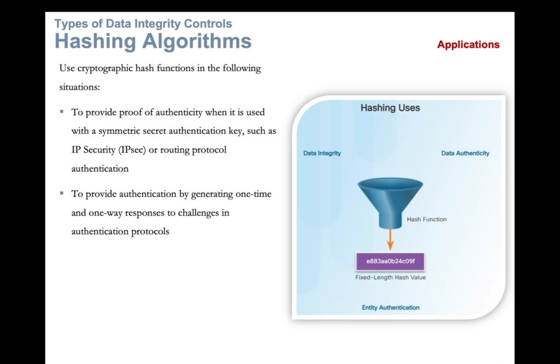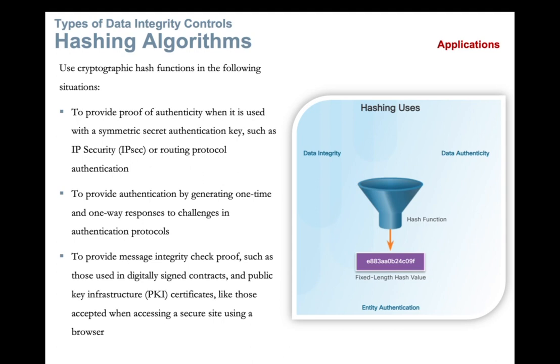And this cryptographic hash function is also used to provide message integrity check proof, such as in digitally signed contracts and public key infrastructure (PKI) certificates, where two different keys are used, that is, asymmetric keys.